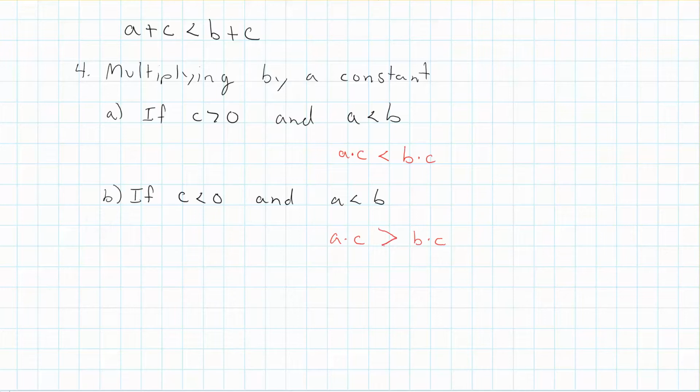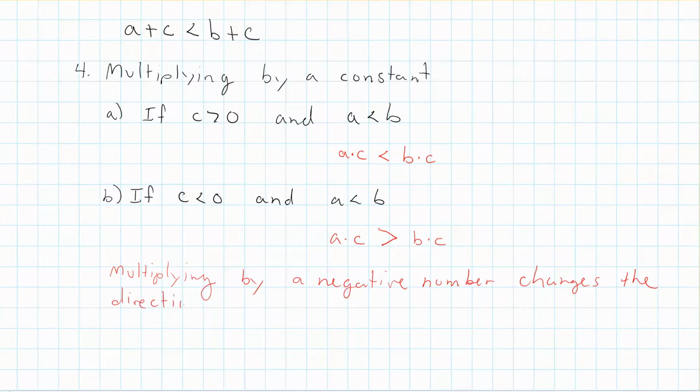So I'd have A times C greater than B times C. So multiplying by a negative number changes the direction of the inequality. And I'm going to star that because that's an important thing to remember.